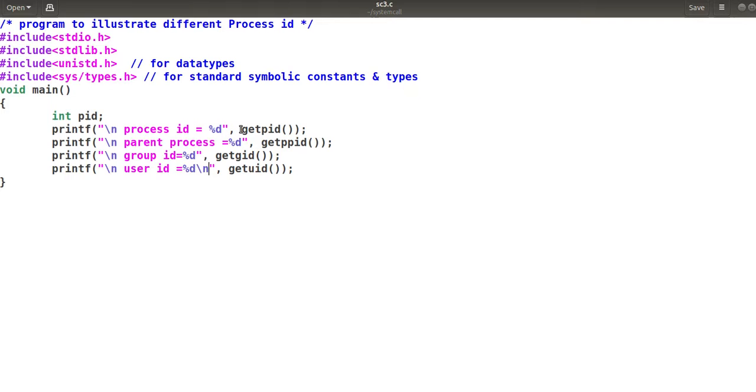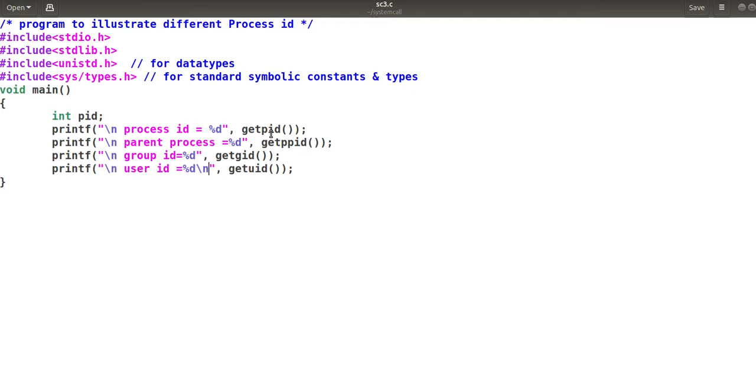One is getpid, which is get process ID, getppid, which is get parent process ID, getgid is get group ID, getuid is get user ID. Therefore, PID is process ID, PPID is parent process ID, GID is group ID, UID is user ID.